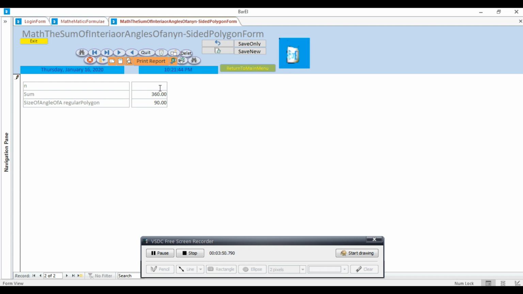A 10-sided polygon is 1140, and the angle for each of them, for a regular polygon with 10 sides, a decagon, is 144. This is how to calculate the sum as well as the angles of such polygons.